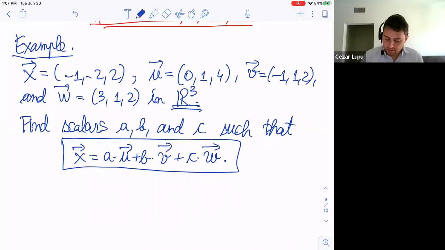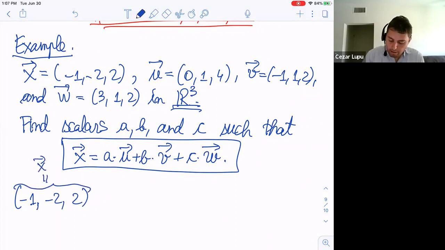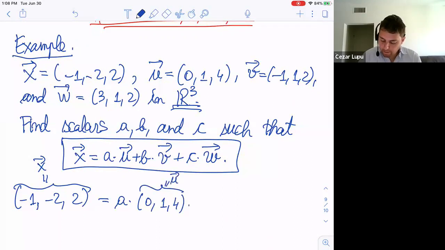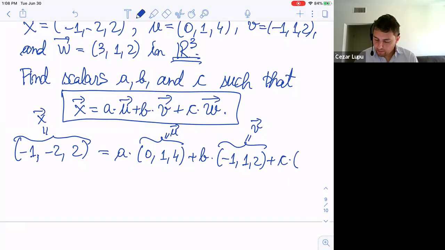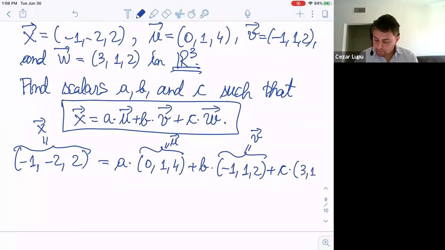So we have this vector x, which is -1, -2, and 2. This is written as a times the vector u, which has components 0, 1, 4, plus b times v, which is -1, 1, 2, plus c times my vector w, which has components 3, 1, and 2.